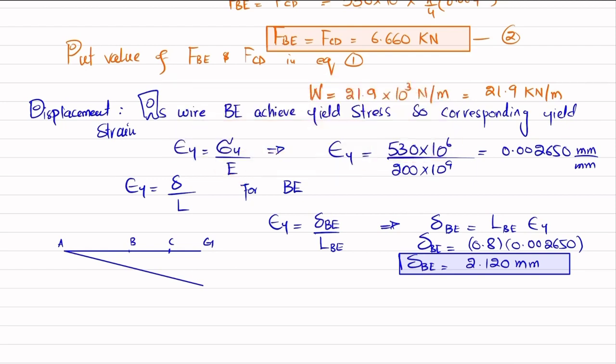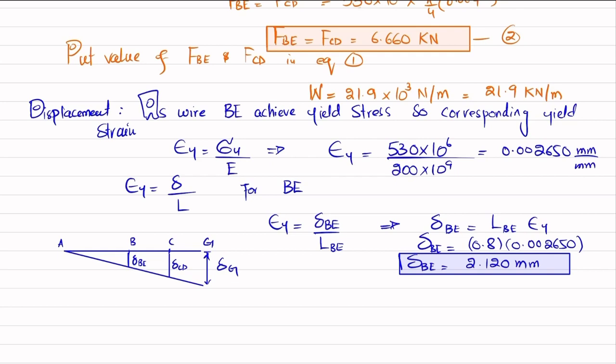So this will be the change in length of BE, delta BE. This will be change in length of delta CD, and this will be the displacement of point G, delta G.